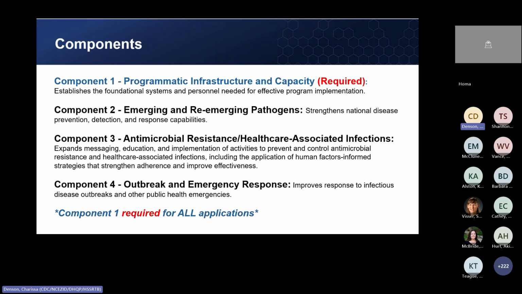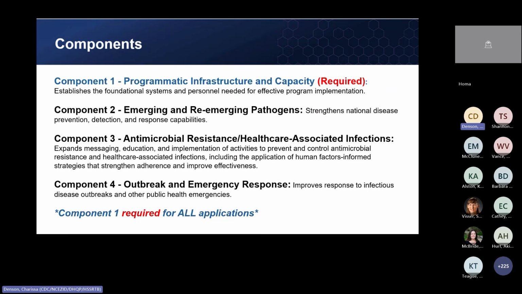Component 2 focuses on emerging and re-emerging pathogens and supports efforts to strengthen national disease prevention, detection, preparedness, and response capabilities. Component 3 focuses on antimicrobial resistance and healthcare-associated infections through education, communication, implementation, and adoption of evidence-based prevention strategies.